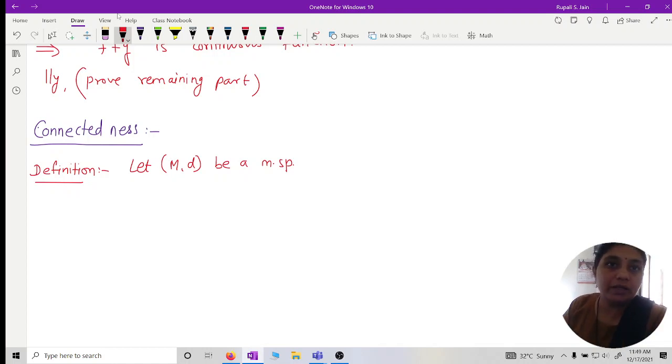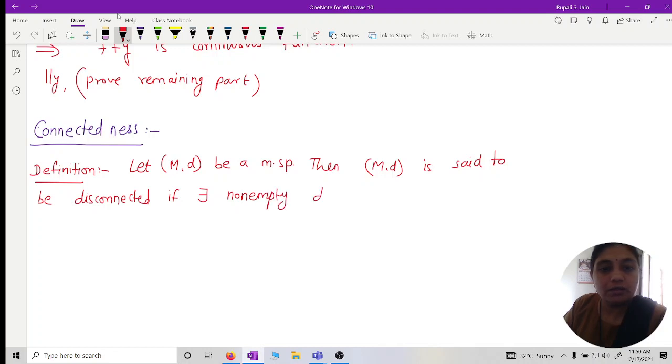A metric space (M, d) is said to be disconnected if there exist non-empty disjoint open sets A and B such that M is equal to A union B.